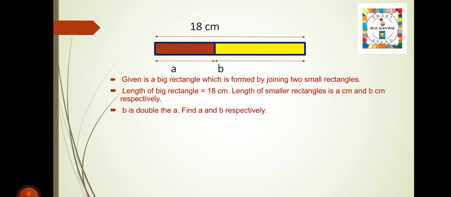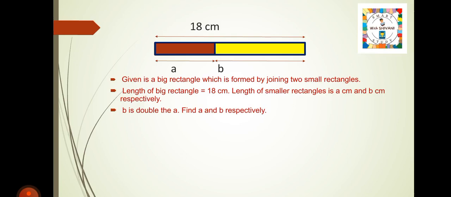Length of the bigger rectangle is 18 centimeter and length of smaller rectangles is A centimeter and B centimeter respectively. Another clue given to us is B is double the A. So we have to find out the values of A and B respectively.